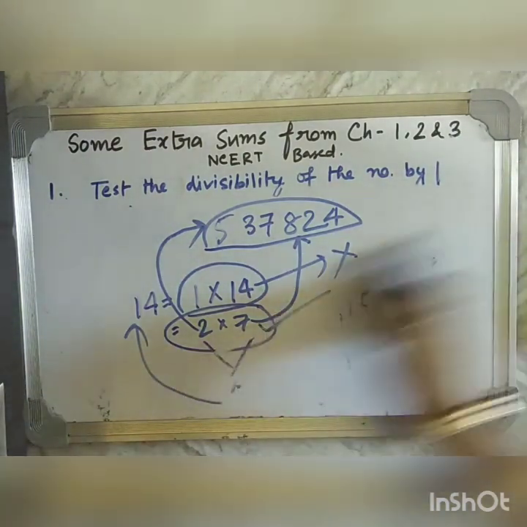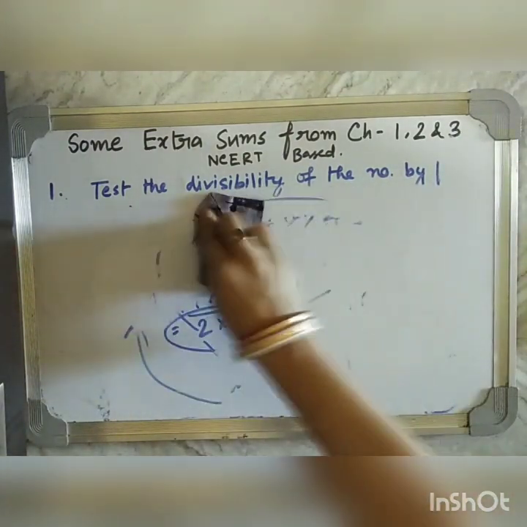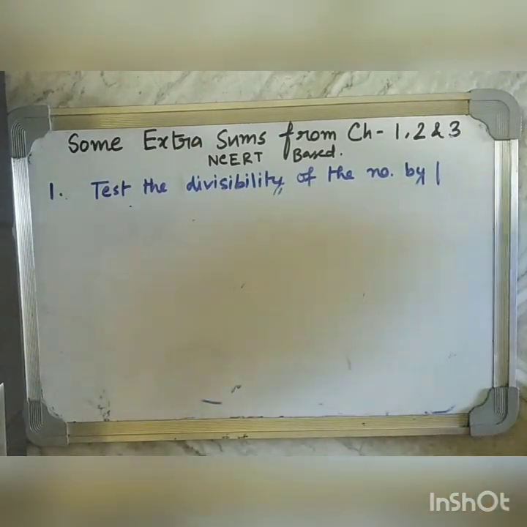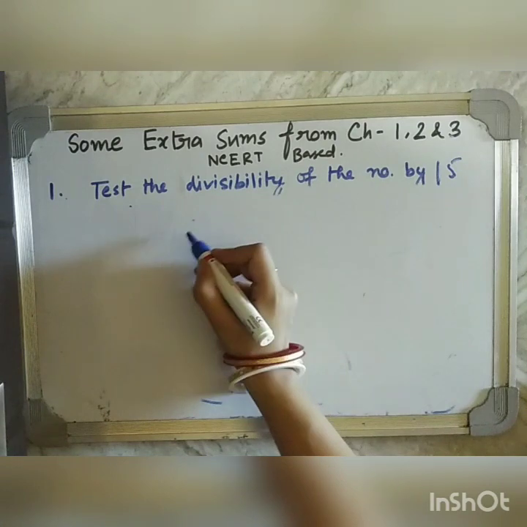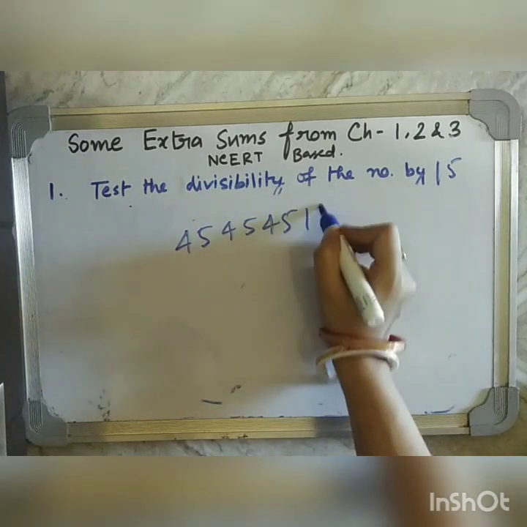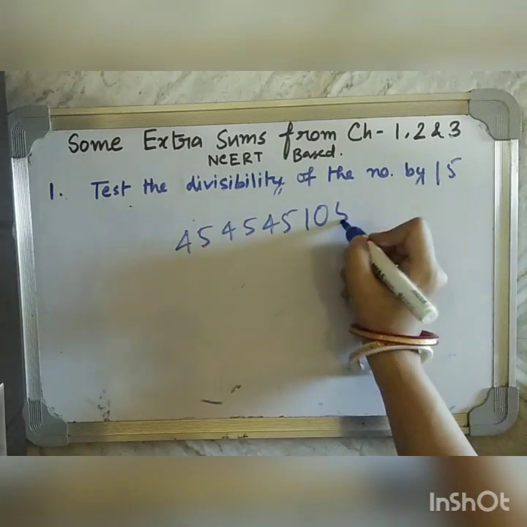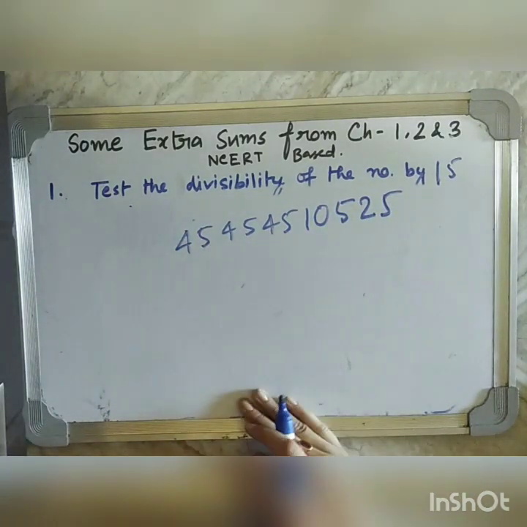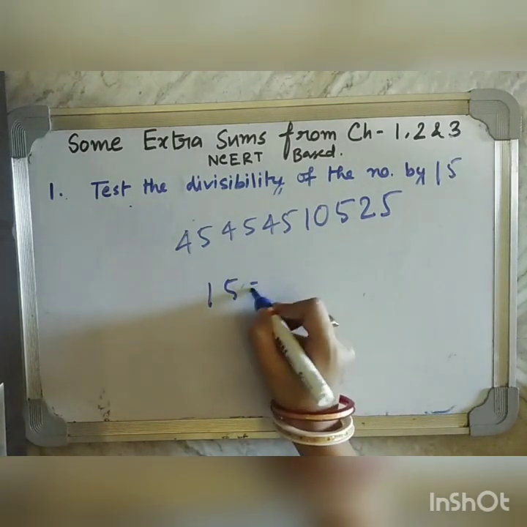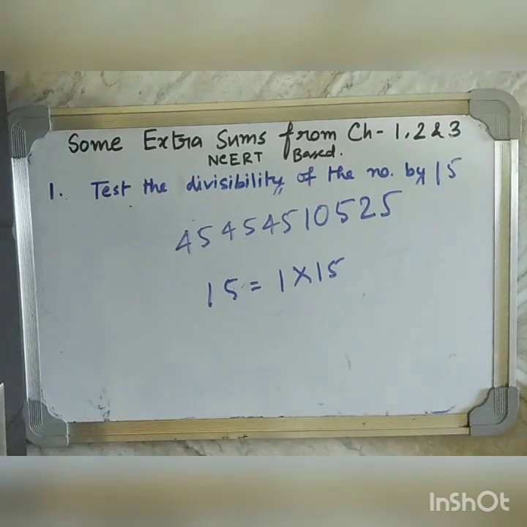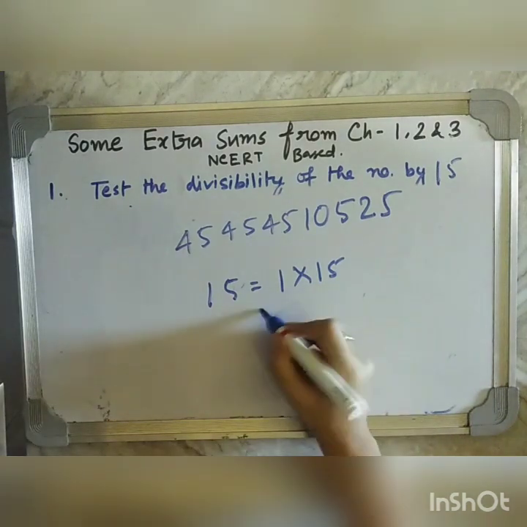Now the same rule will be applied for 15 also. Suppose this number is given. Now for 15 also the same rule, means 15 will be represented by the product of two different numbers.